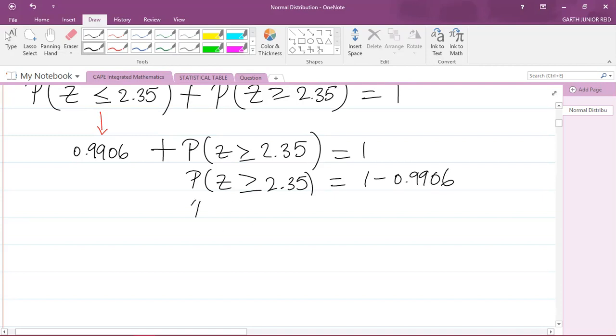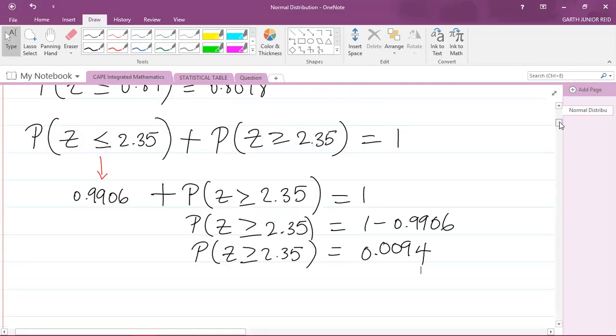So the probability of Z to the right of 2.35 is going to be equal to 1 minus 0.9906, which is going to be 0.0094. Okay, that is going to be my answer.